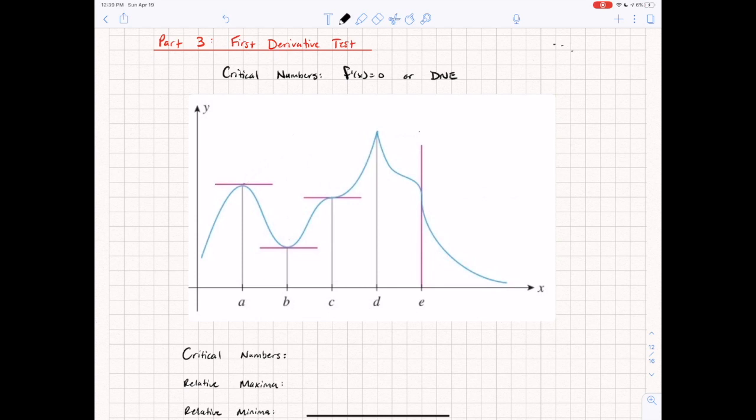And so what the first derivative test is going to do is take this idea that if I'm at a critical number, aka where the derivative is equal to zero or does not exist, and I take what I know about the first derivative telling me increasing and decreasing, then I can describe at these critical numbers if I have a max or a min.